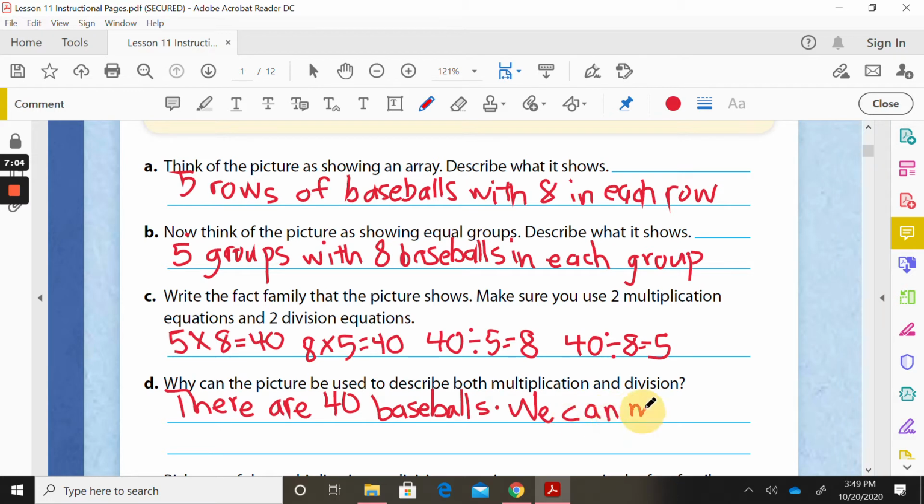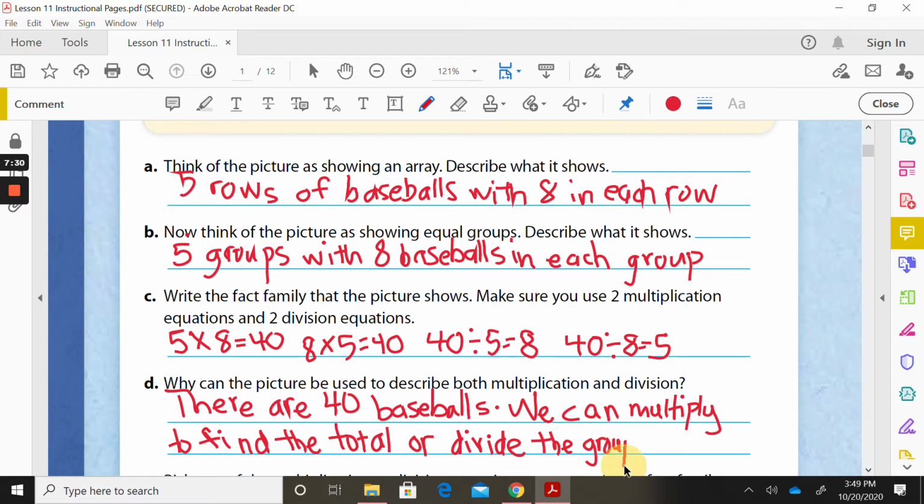We can multiply to find the total, or divide the group into equal parts. Okay. Now, let's move on.